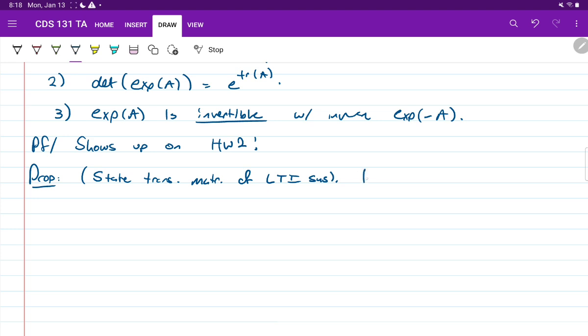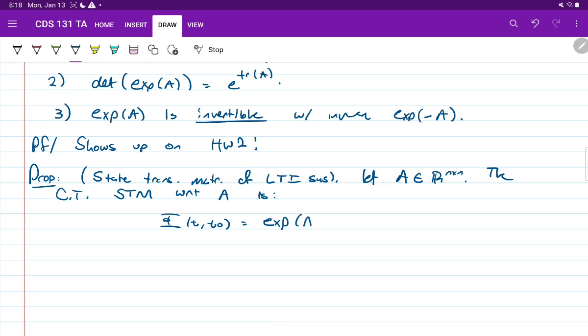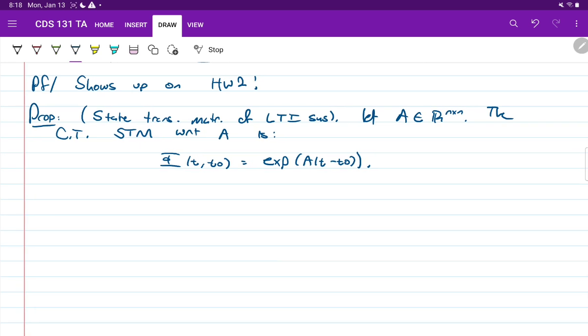Let A belong to R^(n by n). The continuous time state transition matrix with respect to A is computed as phi of t, t naught equals exp of A times (t minus t naught). You exactly compute this thing with the matrix exponential.